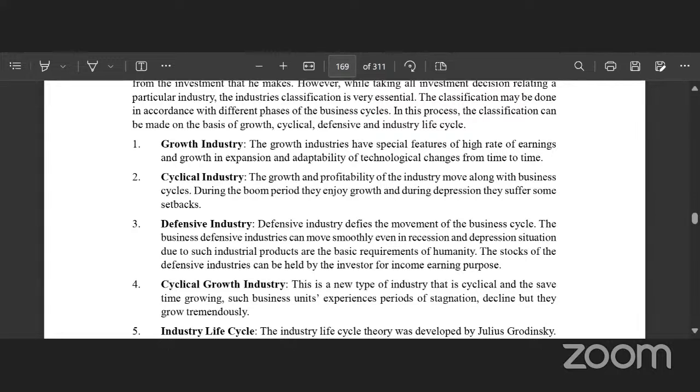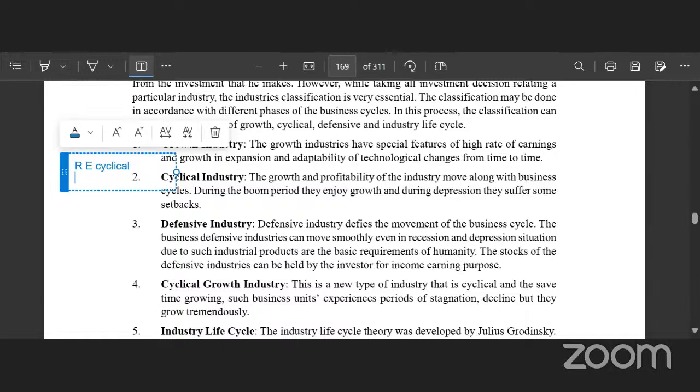When the industry is booming, say for example real estate, which to some extent is cyclical.